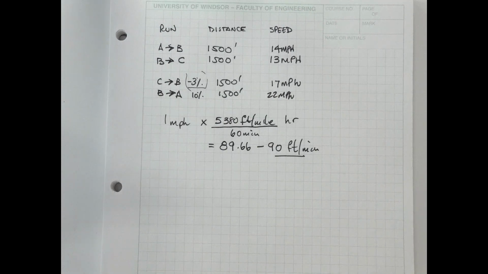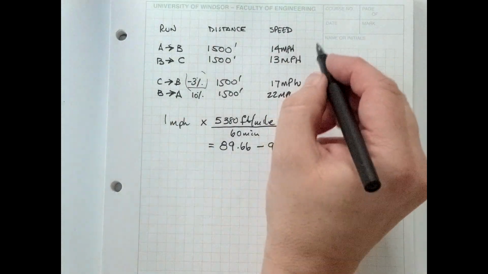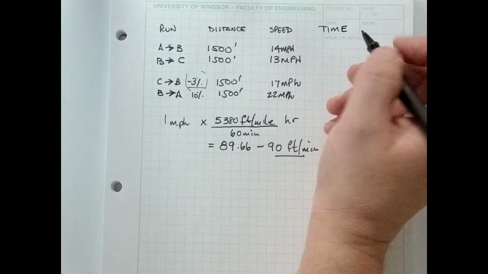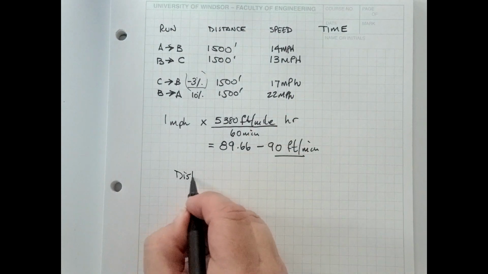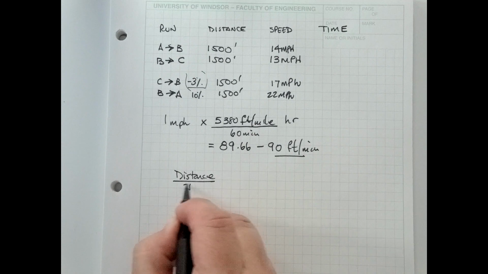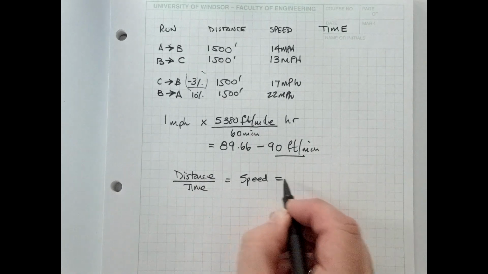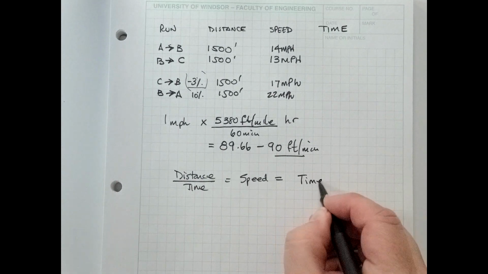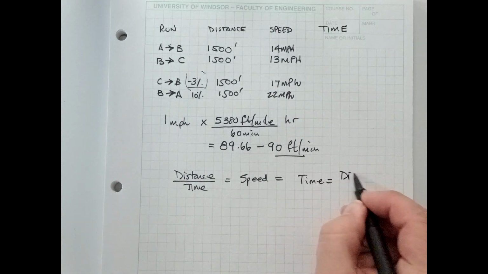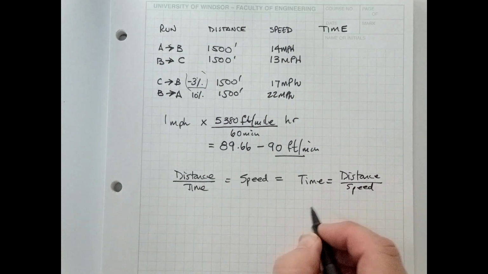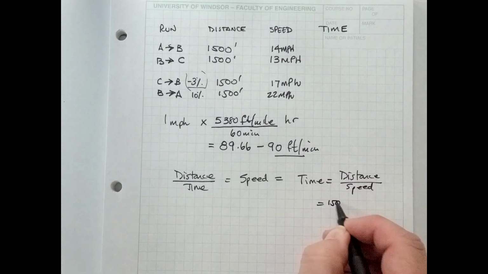So we can now convert these times. This is how long it's going to take. The distance divided by the time is equal to the speed, which means that time is equal to distance divided by speed. And so the time would be 1,500 feet.